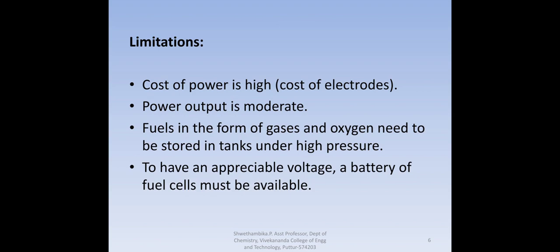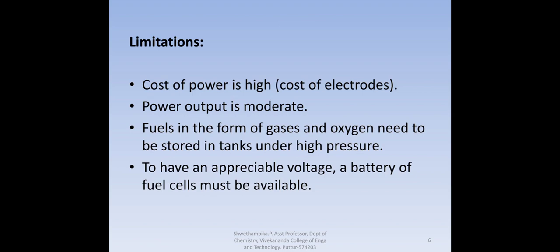Then whenever any fuel we must supply to the fuel cell, it is always stored as a gas. Also an oxidant, that is oxygen, we need to store. These are always stored in tanks with very high pressure and need to be continuously supplied.